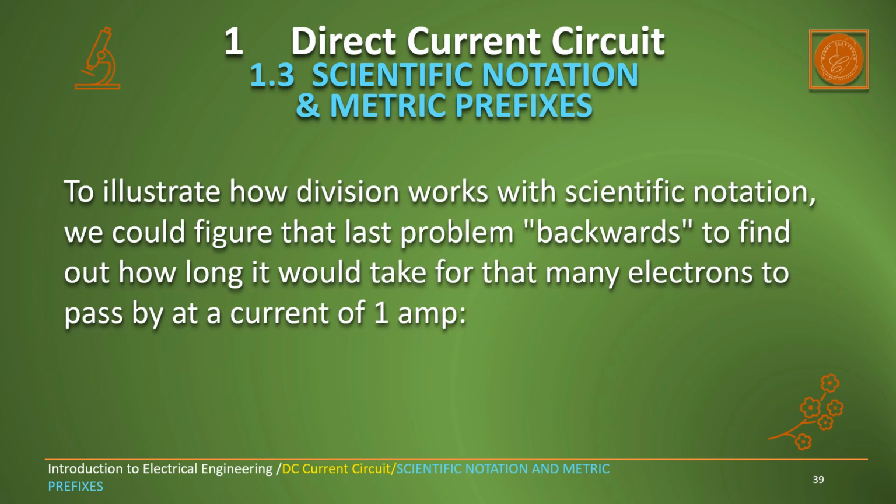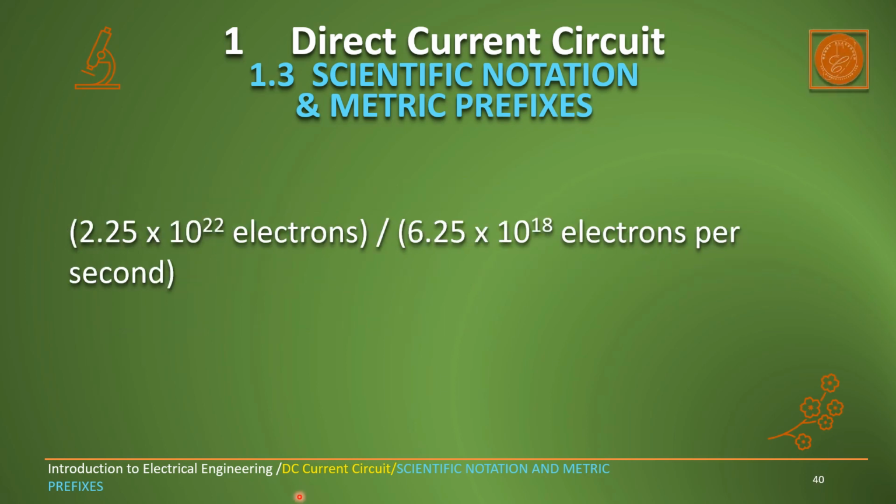To illustrate how division works with scientific notation, we could figure that last problem backwards to find out how long it would take for that many electrons to pass by at a current of 1 amp. We already calculated the electrons in 1 hour.